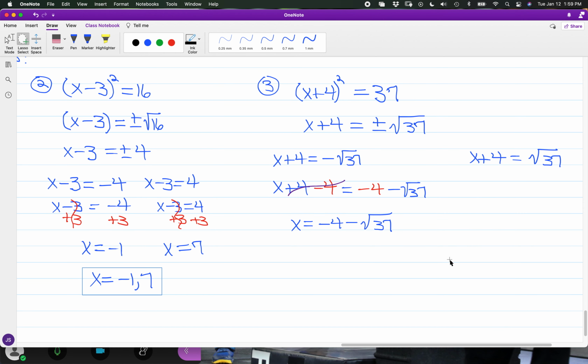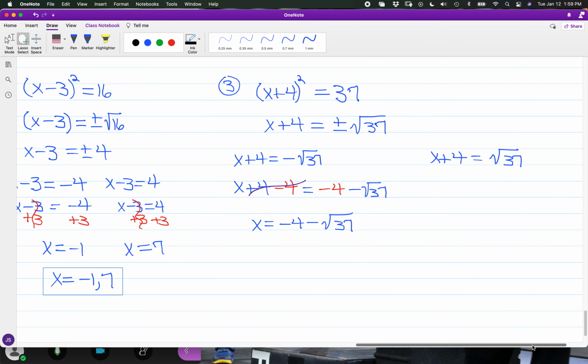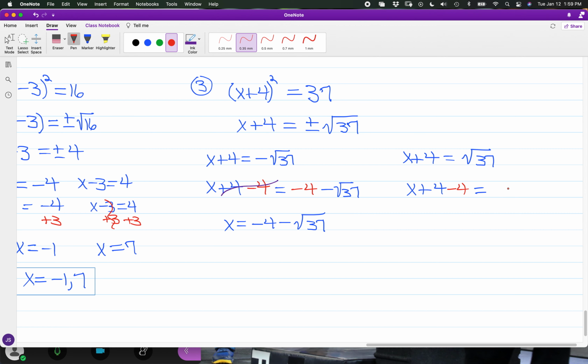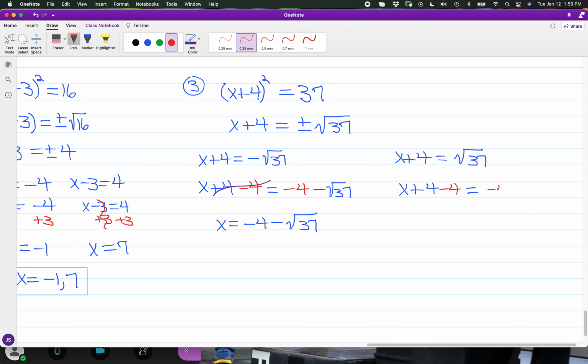And as for x plus 4 equal to the square root of 37, applying the same kind of treatment here, x plus 4 minus 4 is equal to, and I'll just have the constant in front of the radical, negative 4 plus the square root of 37.